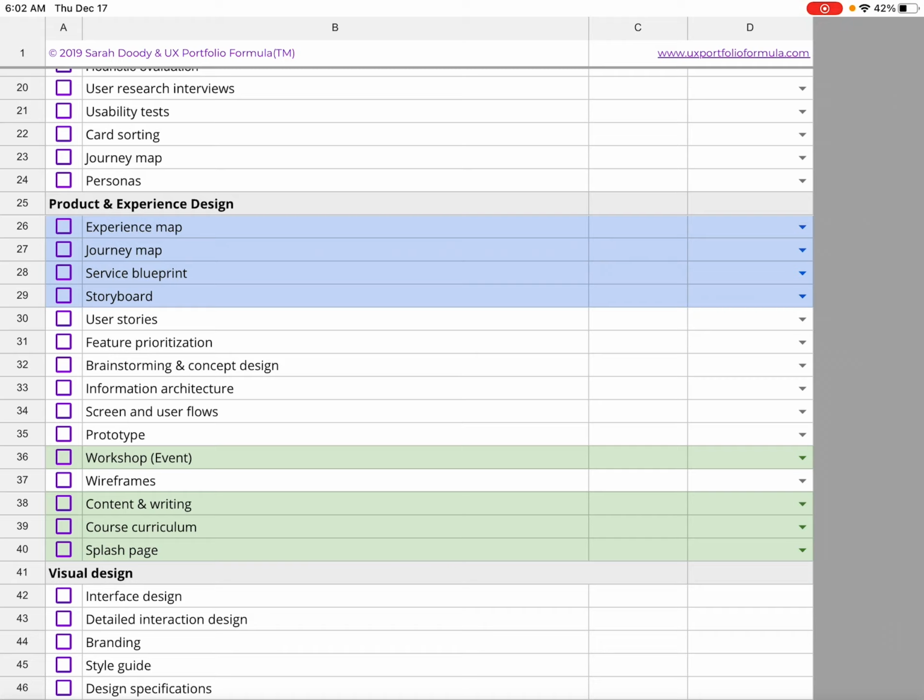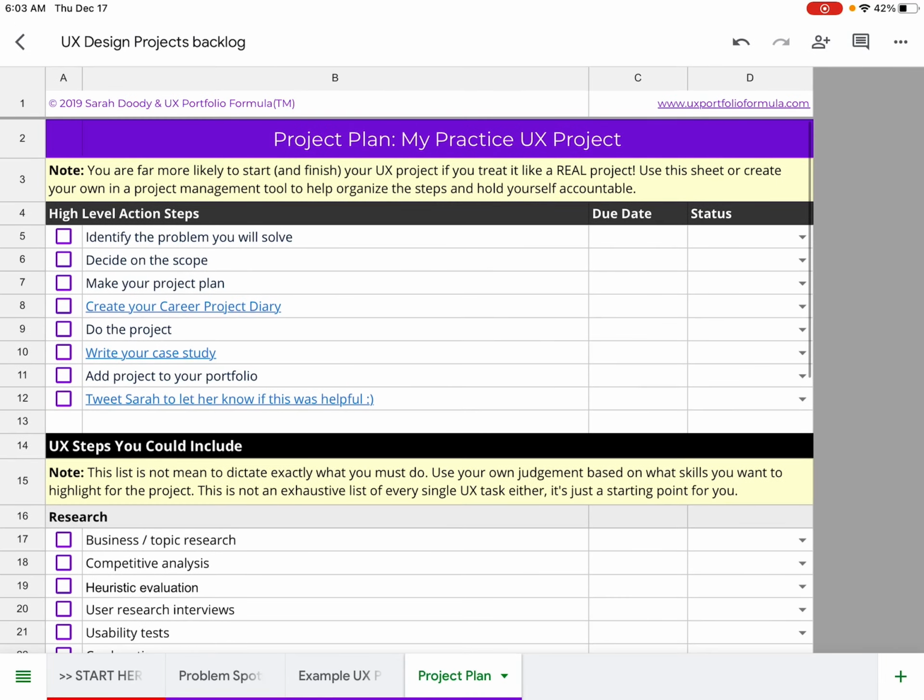It doesn't have to be technical. However your interaction occurs with your users, however they interact with the solution, that would be your interface design. So you can get creative there. Again, these are just suggestions. Some other design options are a style guide, branding guide, design spec. So yeah, there you go.